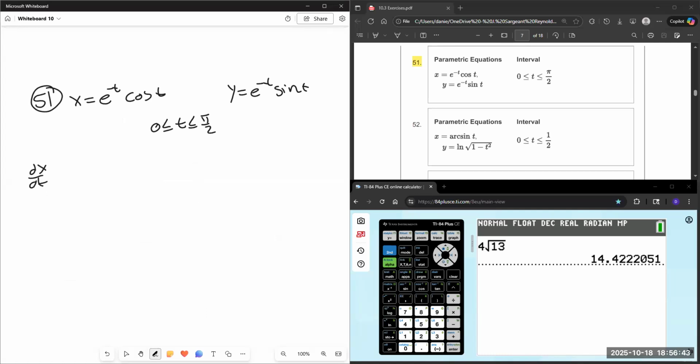Dx dt is going to be a negative e to the negative t cosine of t minus e to the negative t sine of t, and dy dt is a negative e to the negative t sine of t plus e to the negative t cosine of t. Each of those involves a product rule.